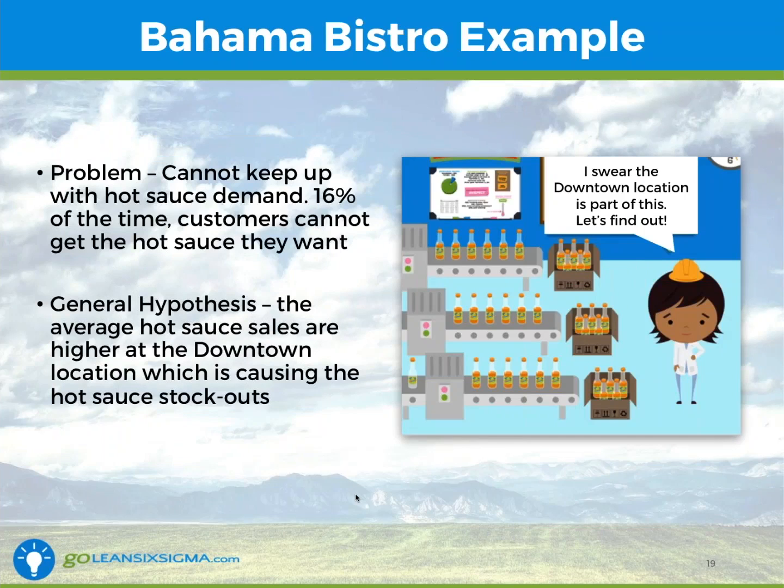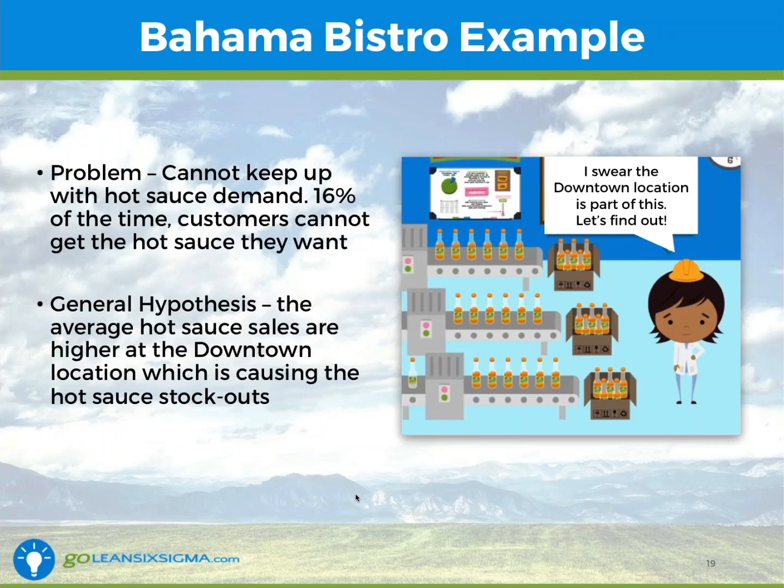The team at the Bahama Bistro is making an educated guess. They're not sure if what seems like a real difference is just common fluctuation in sales, right? They said the problem is we can't keep up with the hot sauce demand. 16% of the time, customers cannot get the hot sauce they want. So the general hypothesis is that the average hot sauce sales are higher at the downtown location, and that's causing hot sauce stockouts, right? So that's their general hypothesis.